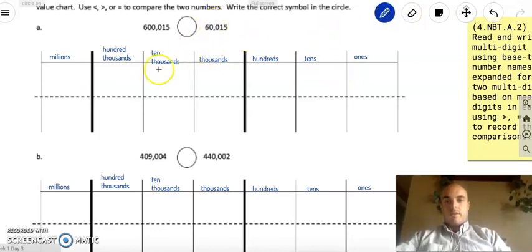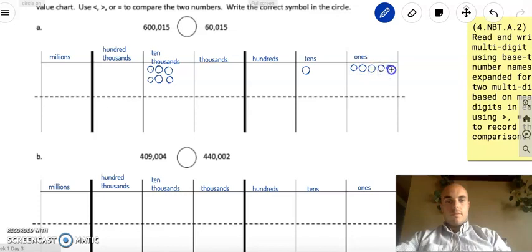So we have 60,000, so 1, 2, 3, 4, 5, 6, nothing in the thousands, nothing in the hundreds. I have 1 ten and 5 ones.